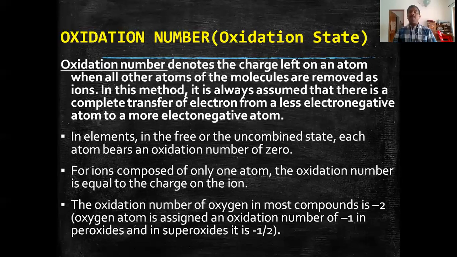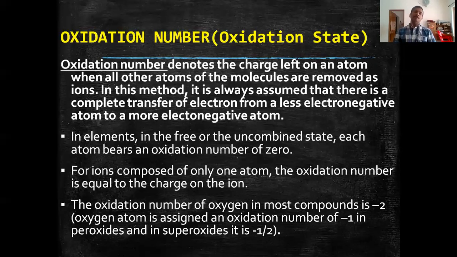The oxidation number of oxygen in most compounds is -2. Most compounds means there are exceptions. In almost all compounds it is -2. There are exceptions. In peroxides it is -1, and in superoxides it is -1/2.